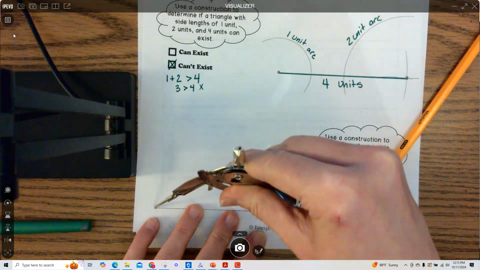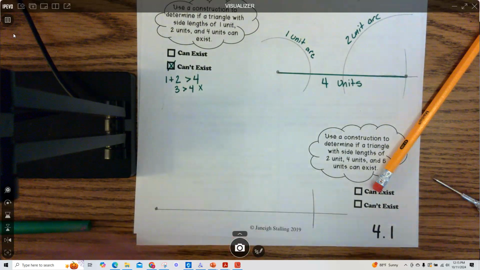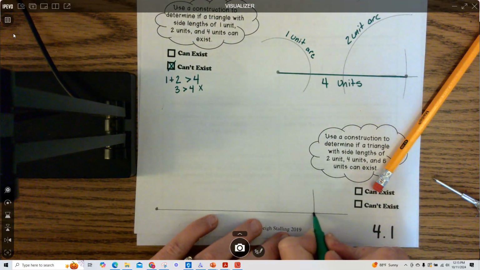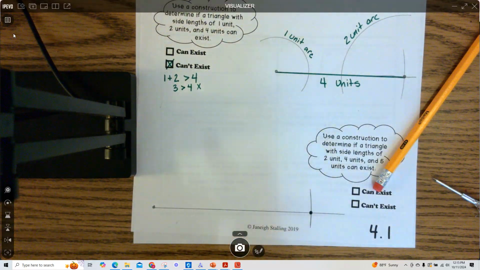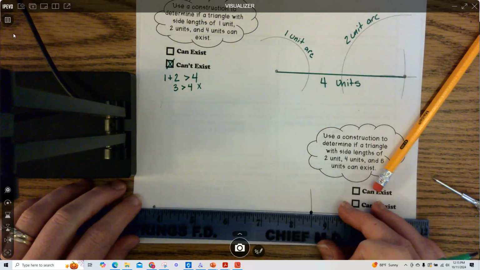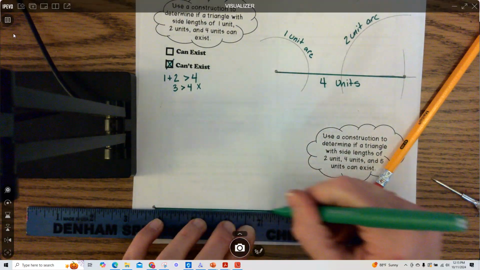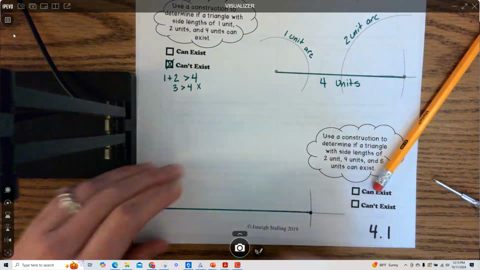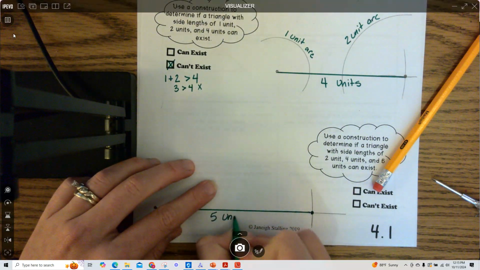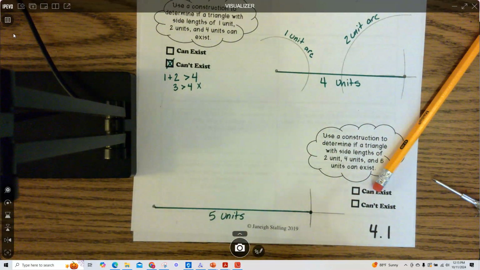And then make an arc mark. So that mark right there, from the original point I drew to where that arc crosses, that line segment is 5 units.